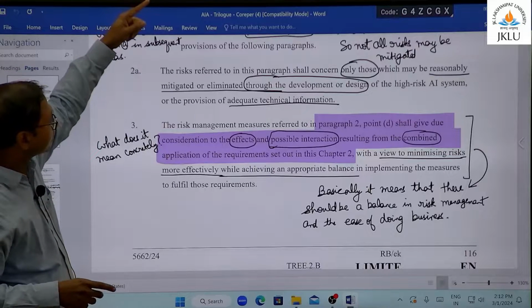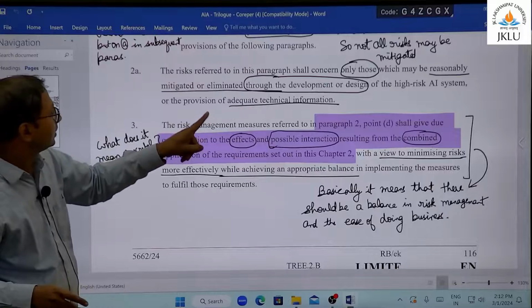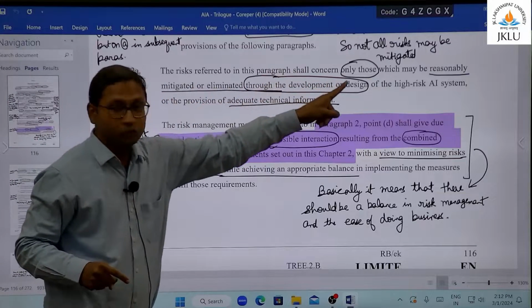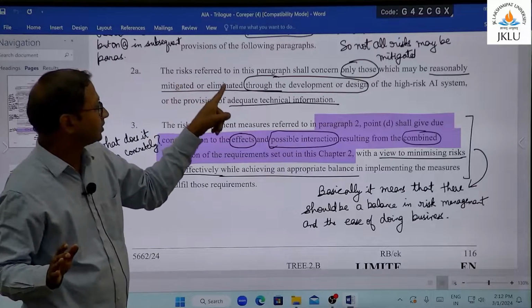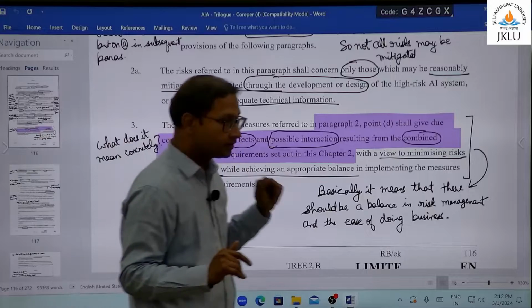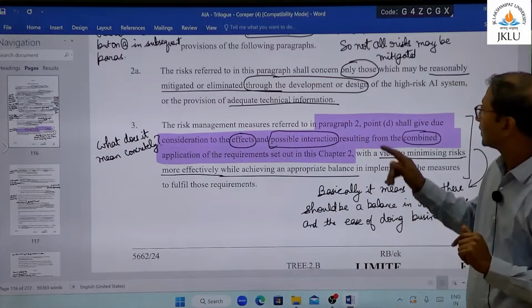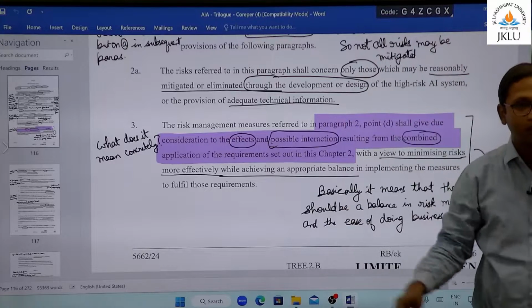See, what are the above things saying? For example, this says you have to develop and design a system in a manner that mitigates the risks. Okay. Now, what is this paragraph saying? So, this was far more vague. This kind of covers everything.